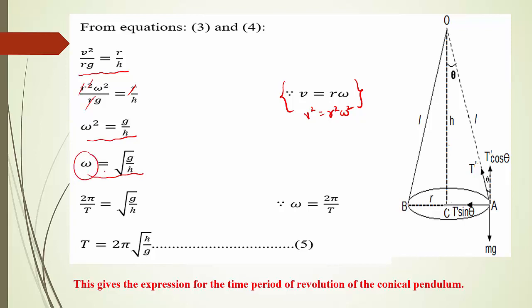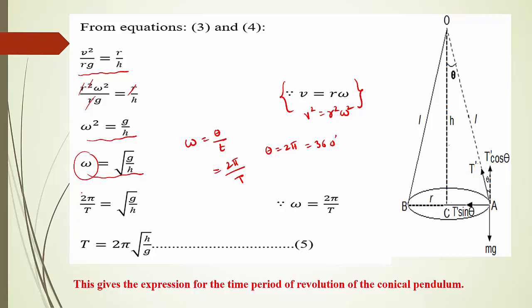So omega equal to square root of g by H. Omega means what here? Angular velocity. Omega equal to theta divided by T. When the bob completes one rotation, theta equal to 2 pi radian, that is 360 degrees, so 2 pi divided by the time taken to complete one rotation. It means the time interval becomes the time period.